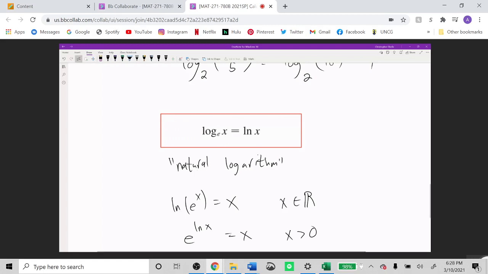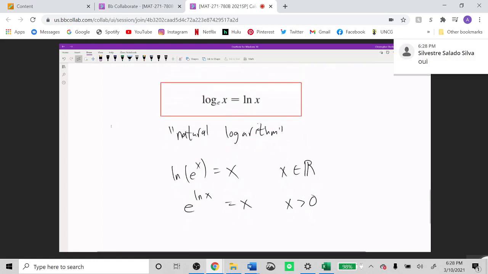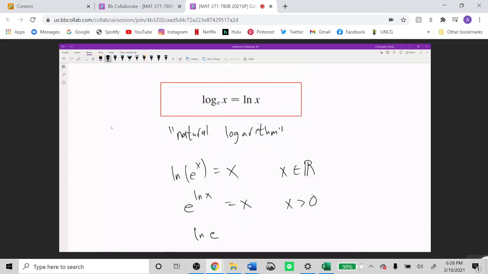Does this make sense? We also have that natural log of e as a result is 1, because this is asking the question, e to what power is equal to e? Well, e to the first power is equal to itself, right?